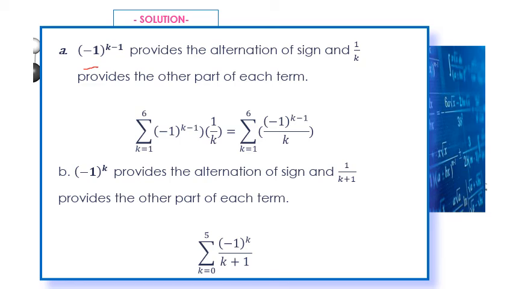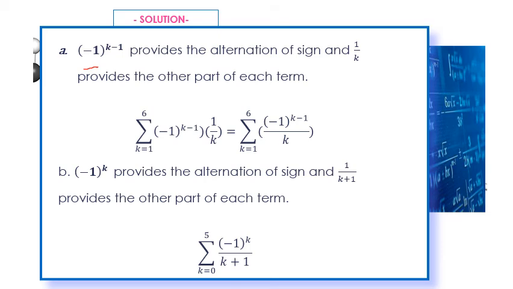So, if it starts with positive, buot silingon, ang aton nga unang term should be negative 1 raised to the 0. So, tandaan lang na. If positive, negative 1 raised to 0, and if negative, negative 1 raised to 1.